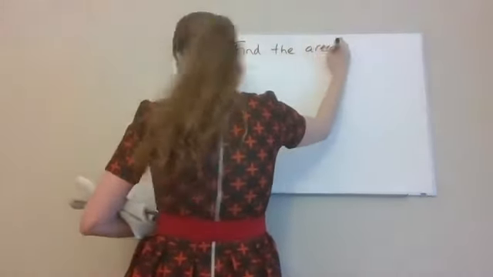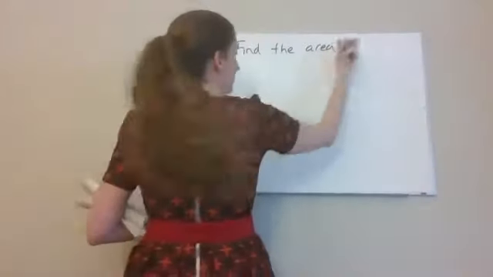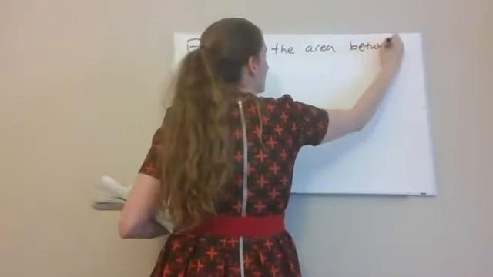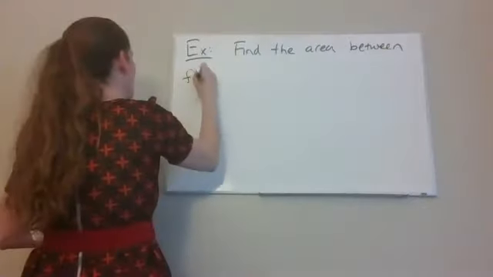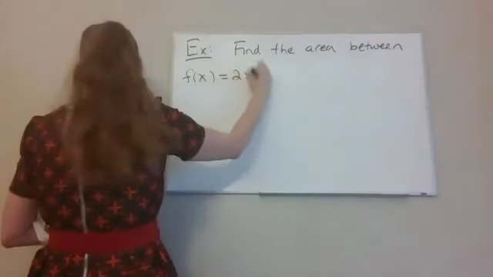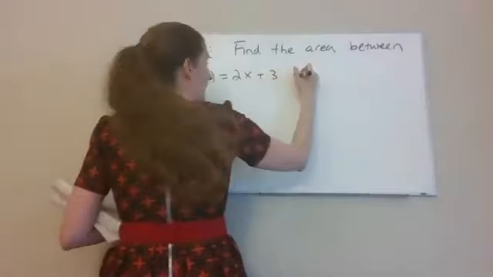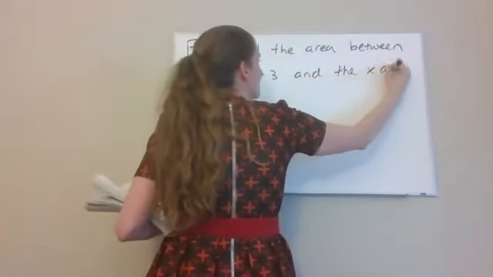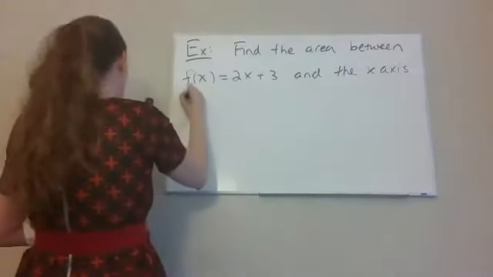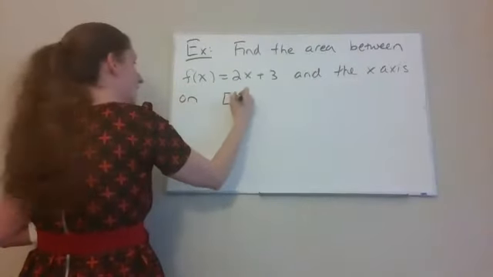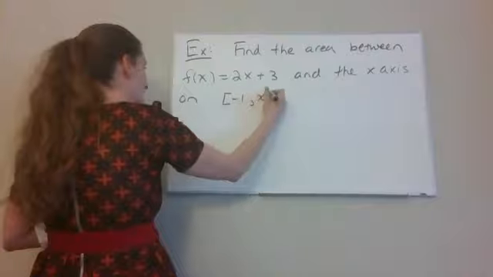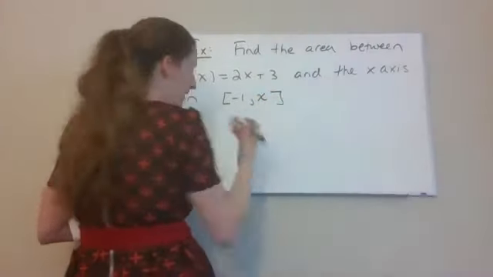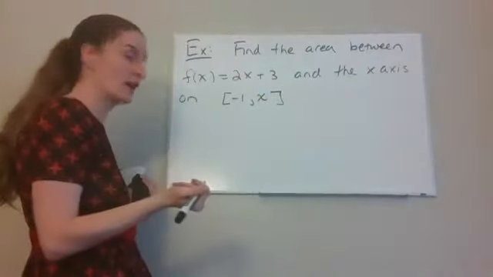Let's find the area between the graph f of x equals 2x plus 3 and the x-axis on the interval -1 to x, where x is just some number, it's a generic number.